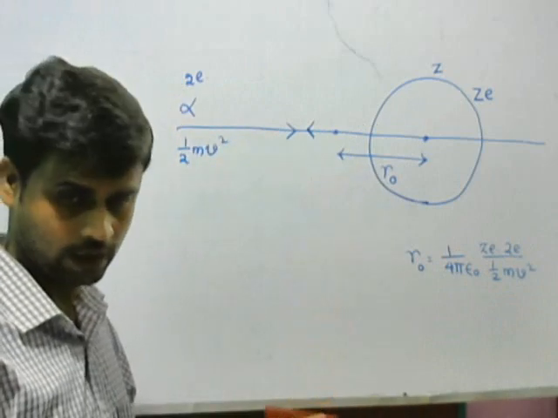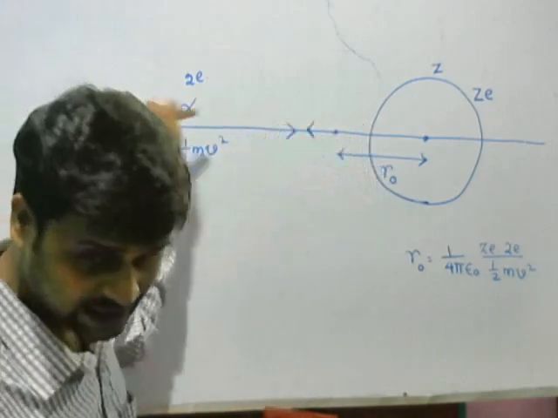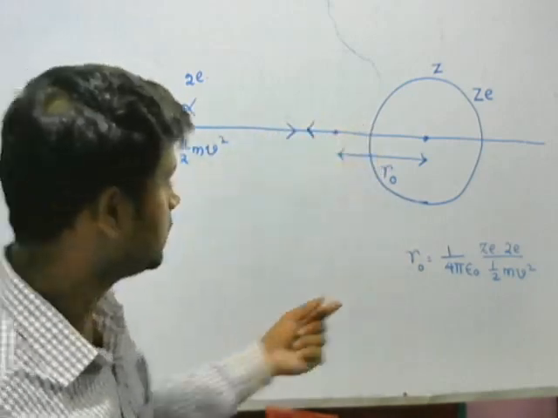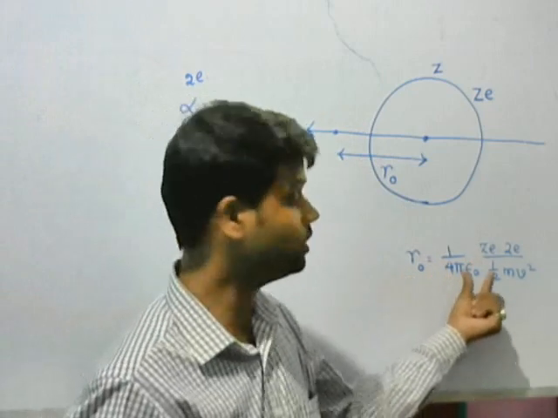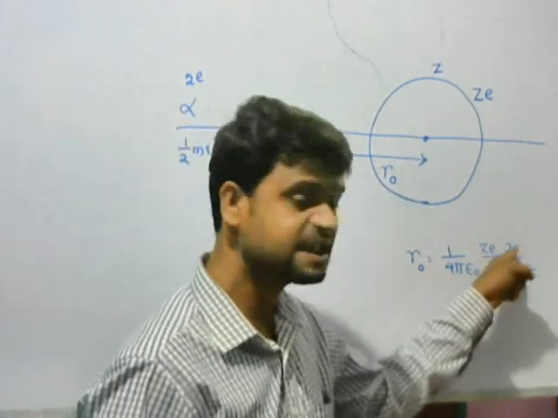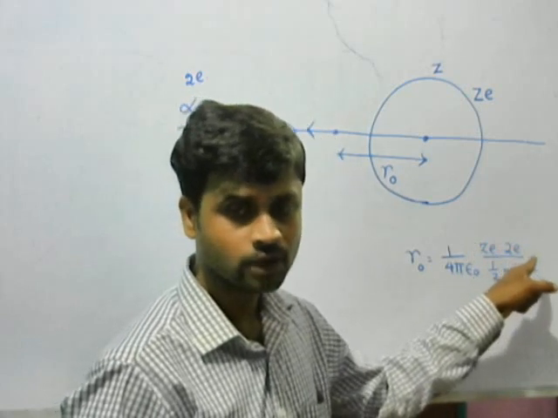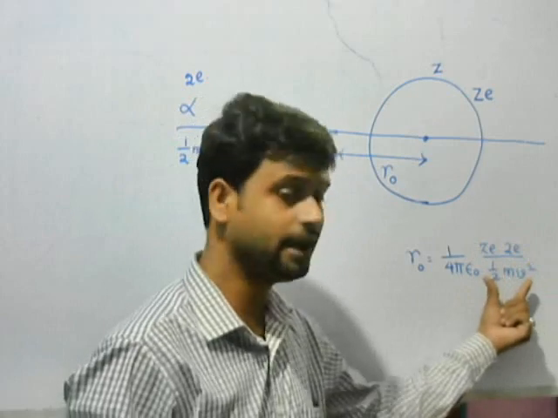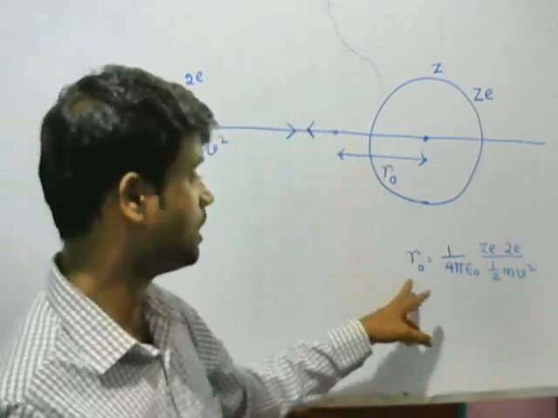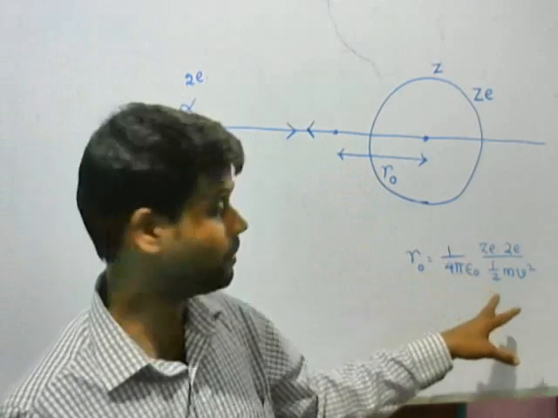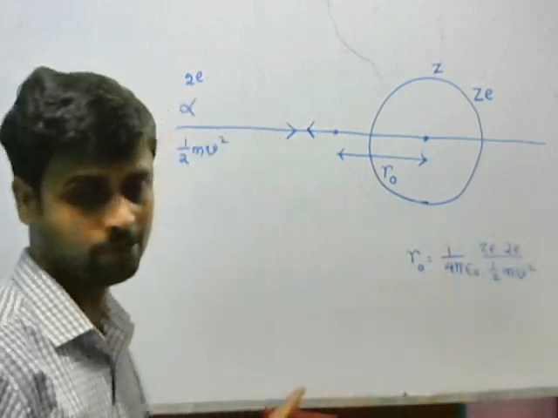Clear? If a proton is projected towards the nucleus, then the formula becomes R0 is equal to 1 by 4 pi epsilon 0 into Ze into simply e, since the charge of the proton is simply e, divided by half mv square.